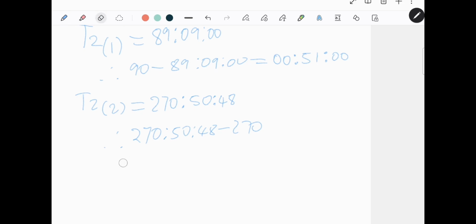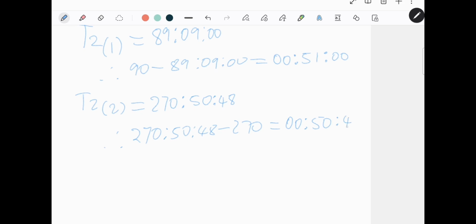So this gives you how much? We are getting 0, 0, 50, 48.